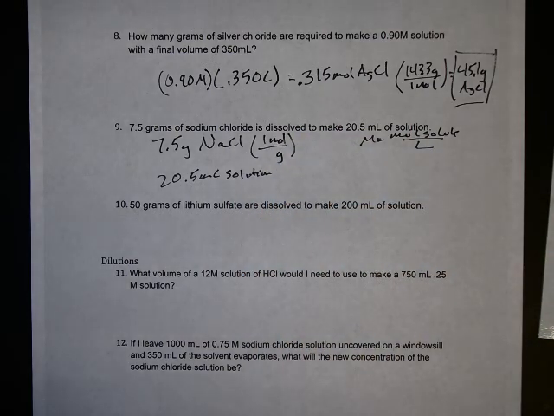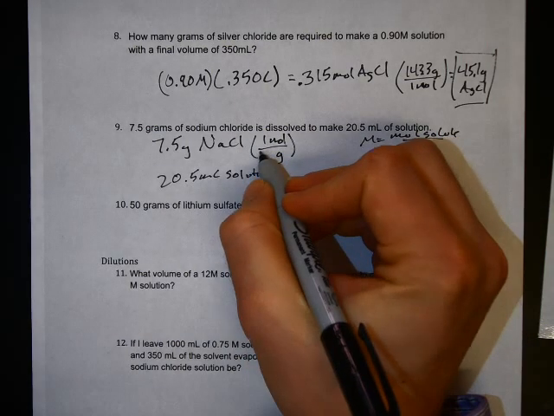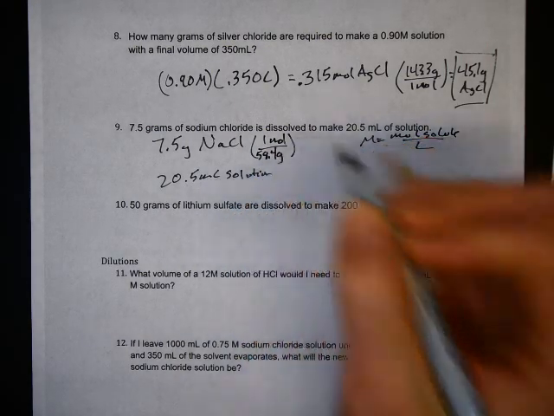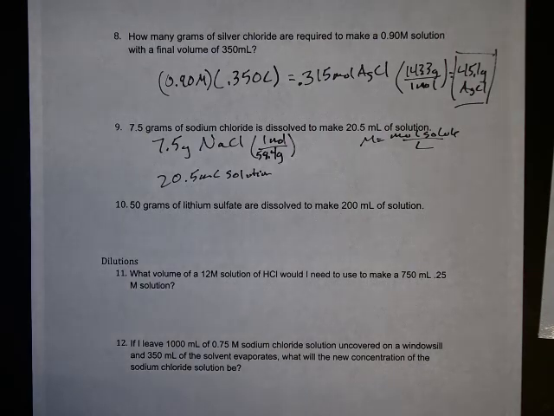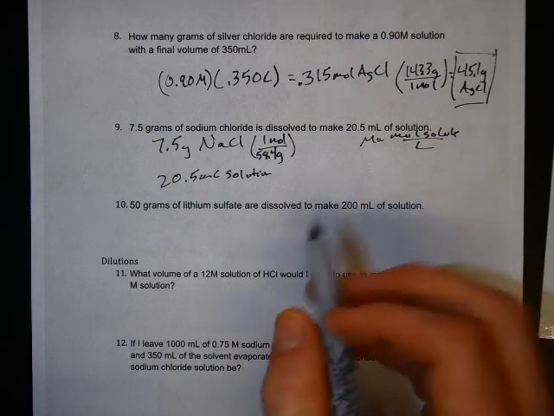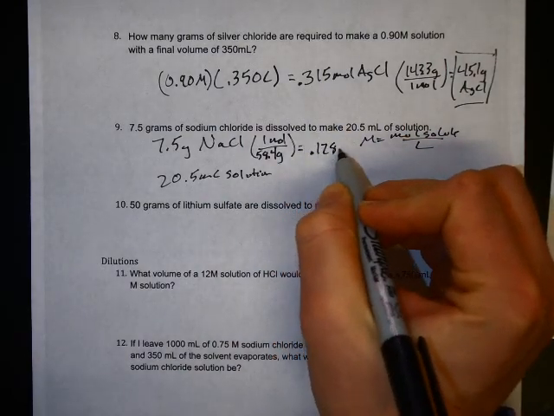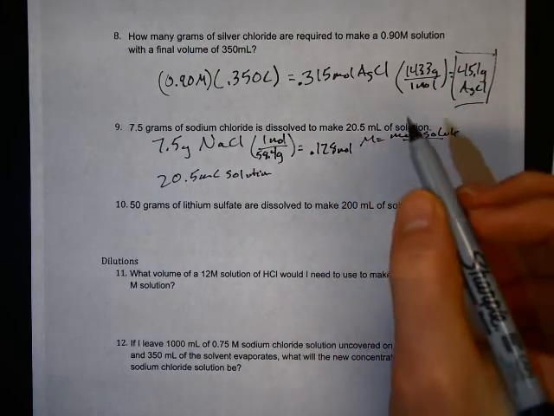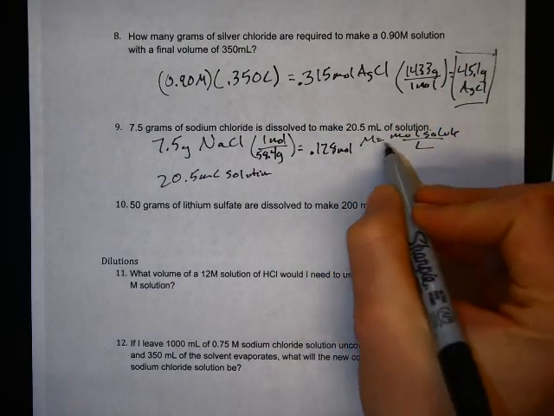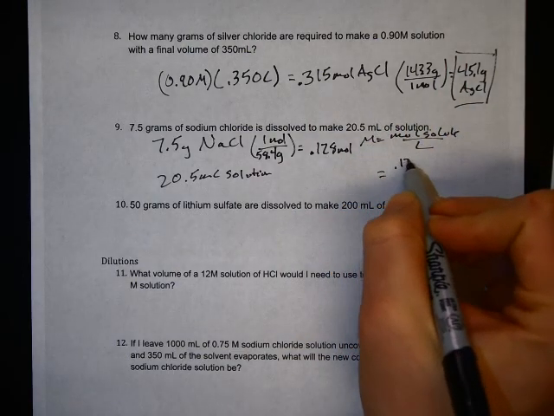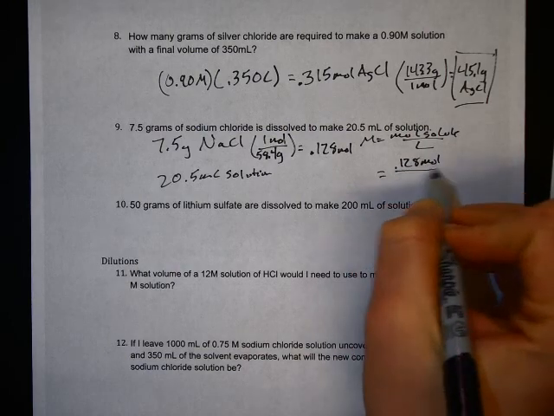Sodium chloride has a mass of 22.99. Add that to the mass of chlorine, which is 35.45, and you get roughly 58.4 grams per mole, which gives me, once I divide there, 0.128 moles of sodium chloride. So I have half of this equation here. I have 0.128 moles of solute.